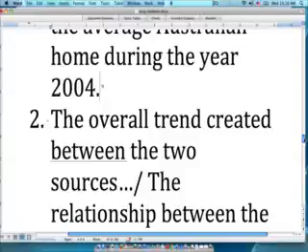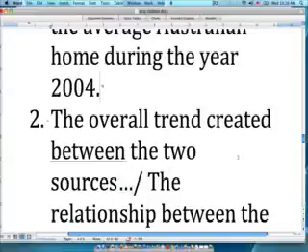So in a case like that, you might want to start your sentence with something like, the overall trend created between the two sources grows over the course of the year, or declines, or is unstable, or these sorts of things. You're just trying to explain what the two sources together show.